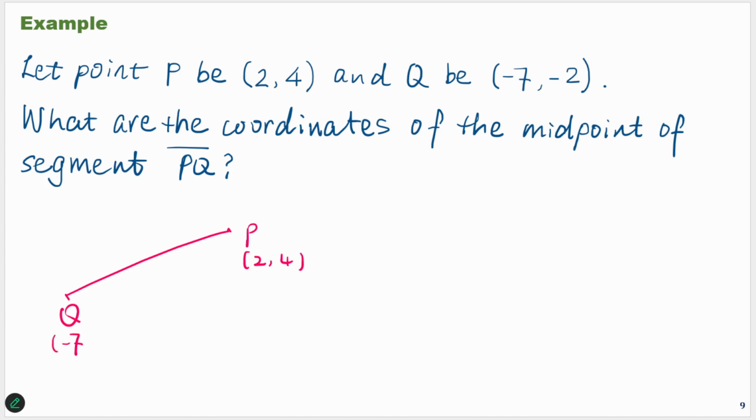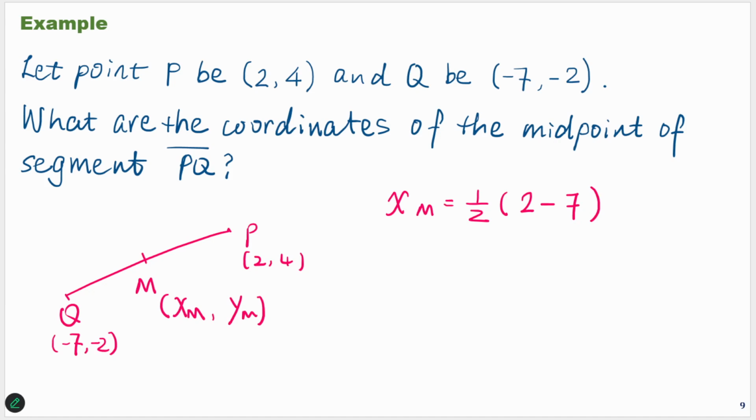So suppose this is Q, this is our P, and let's say the midpoint is M, whose coordinates are xm, ym. Then we can easily see xm equals 1 over 2 times the sum of the x coordinates of the two endpoints, which is 2 plus -7, equals -5 over 2, right?